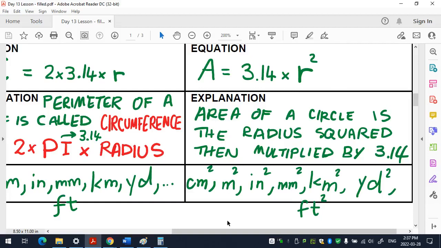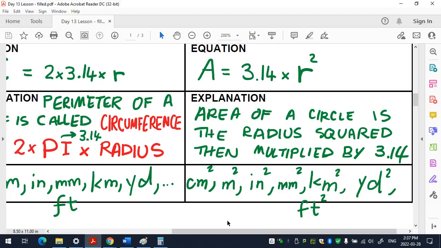Light years is technically a measure of distance or perimeter, because it tells you how far something is. But how do you measure area? You use the same thing, but you have to put a 2 on top, because you talk about squared centimeters.